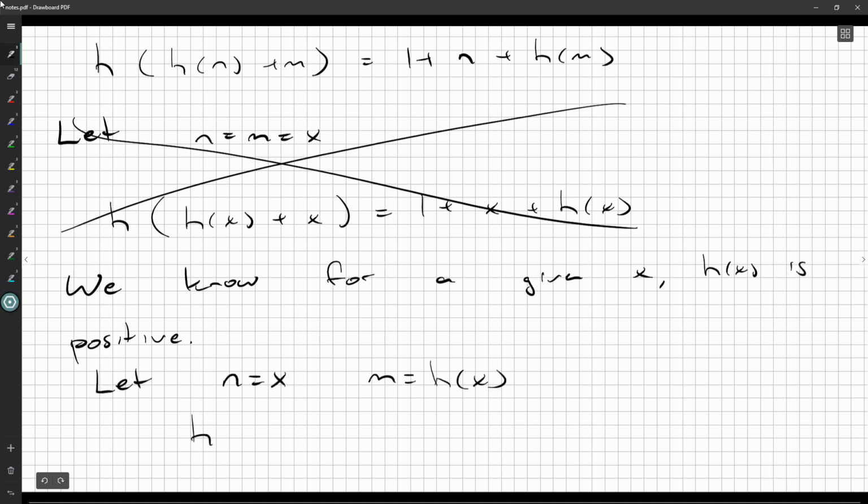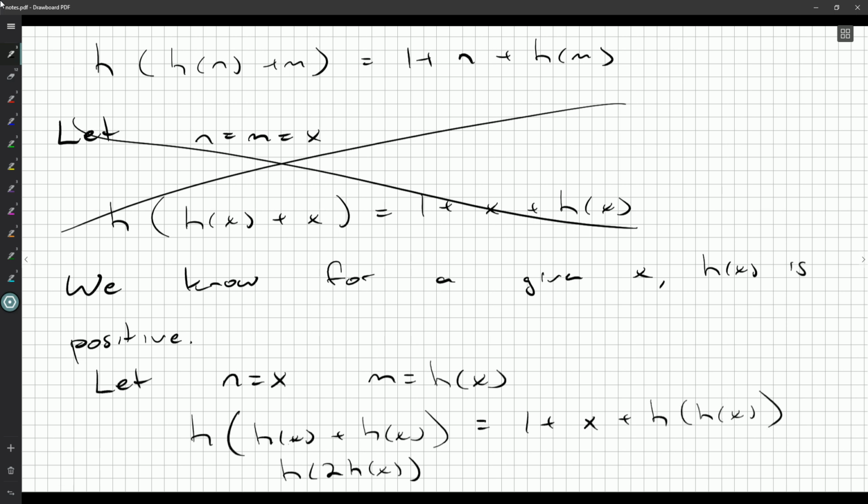Right? This still is taking my m and my n and basing them on a single thing, some single fixed value x, let's say. But watch what happens. Now I've got 2 h of x's inside. That's going to boil down to a single 2h of x expression. Unfortunately, we get an h of h of x outside, and you already heard me remark, I'm not the biggest fan of h of h's. It's hard enough to work with h only from the basic property as it is.